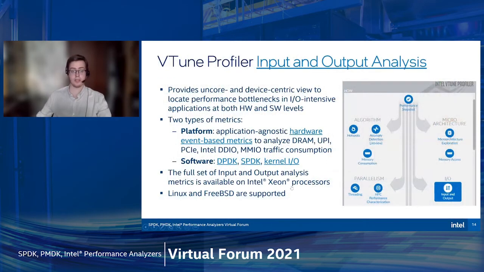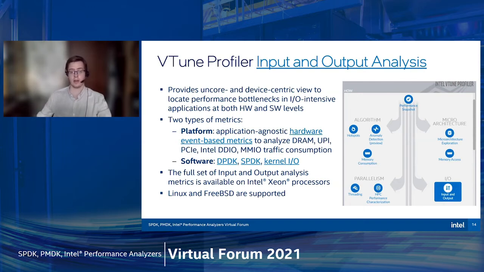VTune has different analysis types for different purposes, and I'm going to talk about input and output analysis. It provides an on-core and device-centric view that helps you to locate performance bottlenecks of your application at both hardware and software levels. So we have two types of metrics. The first one is based on hardware events. These metrics are application agnostic and device agnostic.